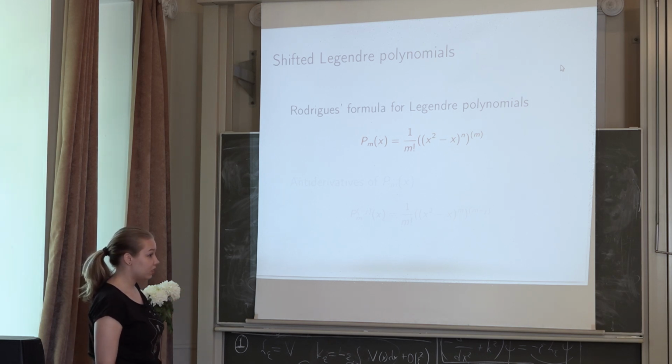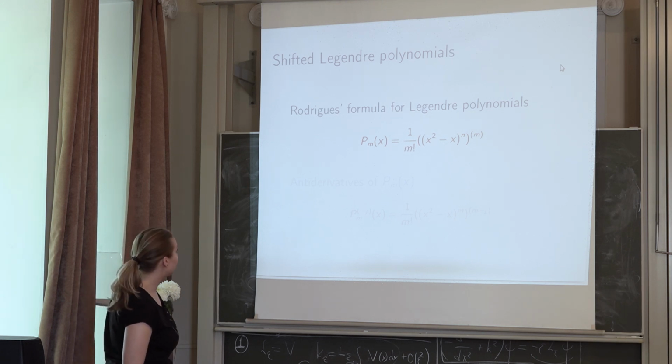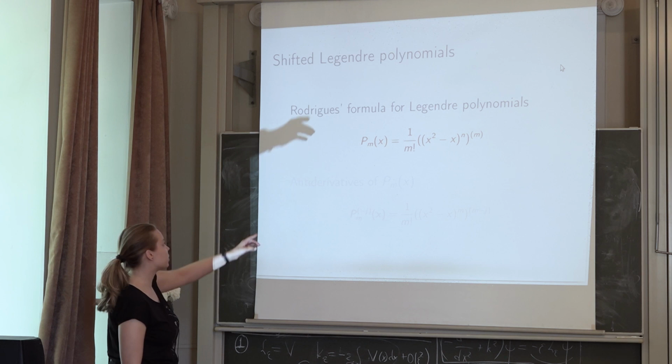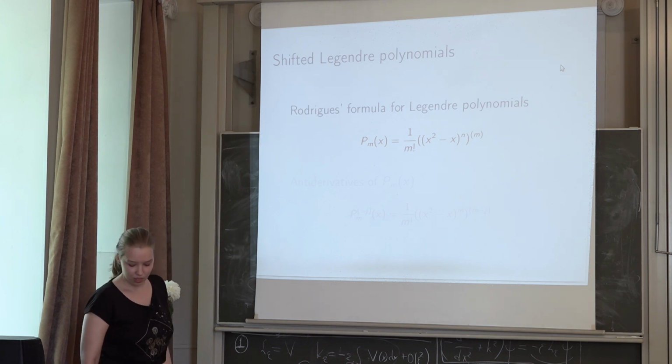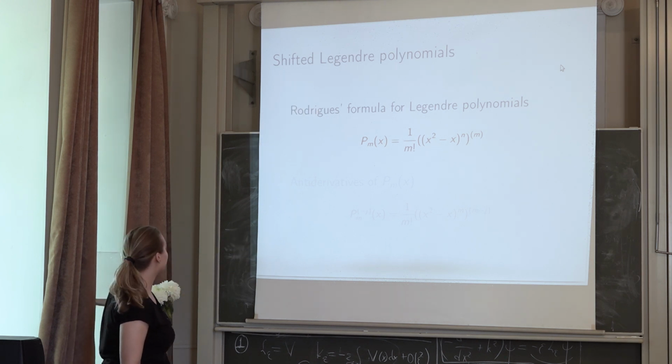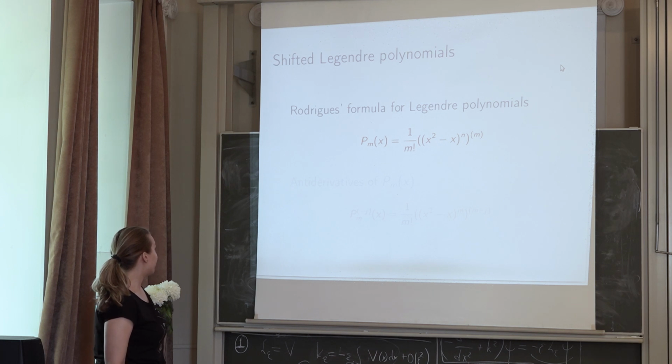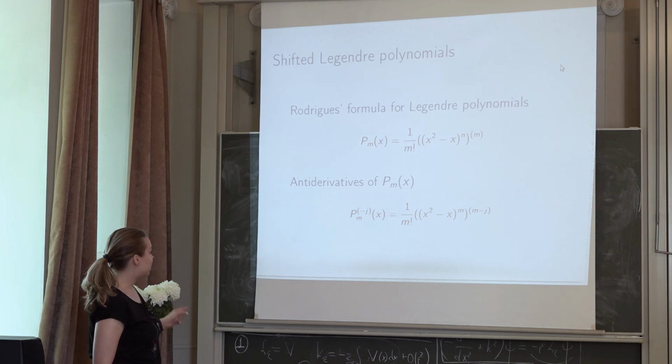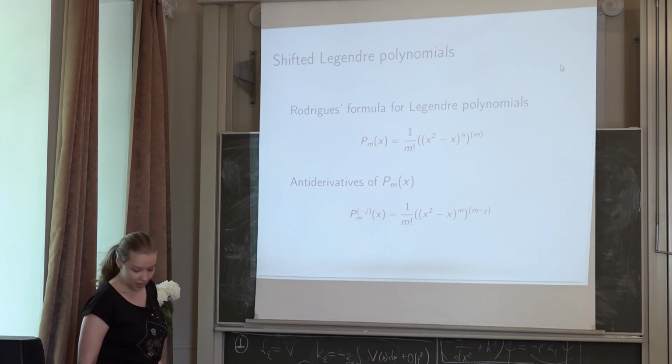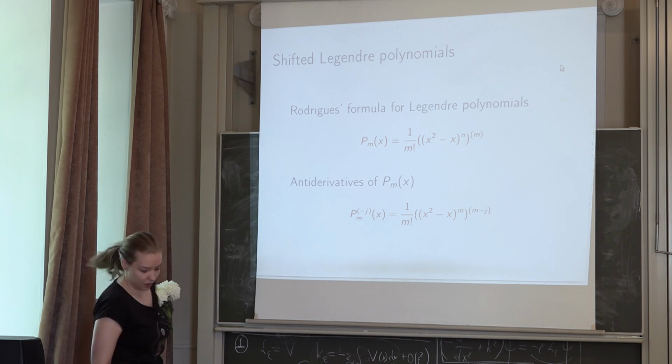The m-th derivative of x squared times x minus 1, to the power m. Sorry, it's a mistake. Okay, and let's define the antiderivatives of P_m(x) of order j by this formula, where j is from 0 to m.